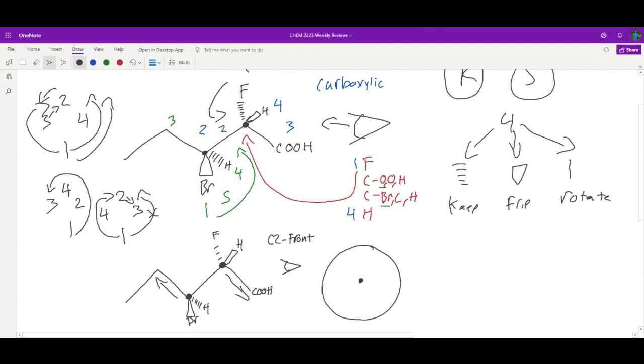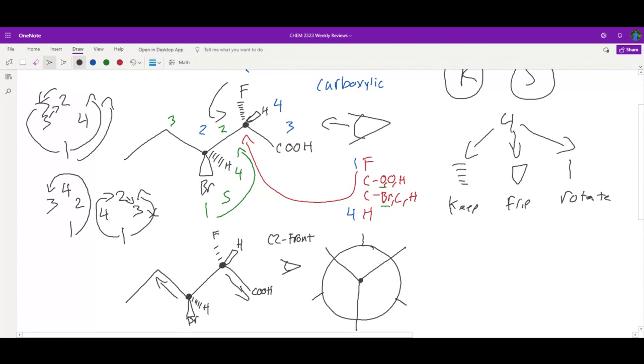Because my line on my front carbon is pointing down, I'm going to draw a line straight down. So this is going to be a regular Y. If the line is pointing up on your front carbon, then it would be an upside down Y. In either scenario, it's okay to do whichever, as long as you keep everything consistent. Because remember, if you're drawing the opposite, that means it's just the enantiomer of the other. But obviously try to do the more accurate standard way.